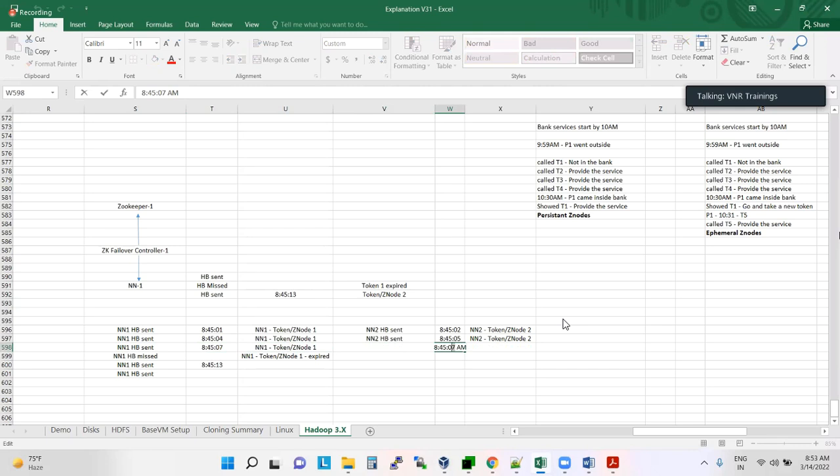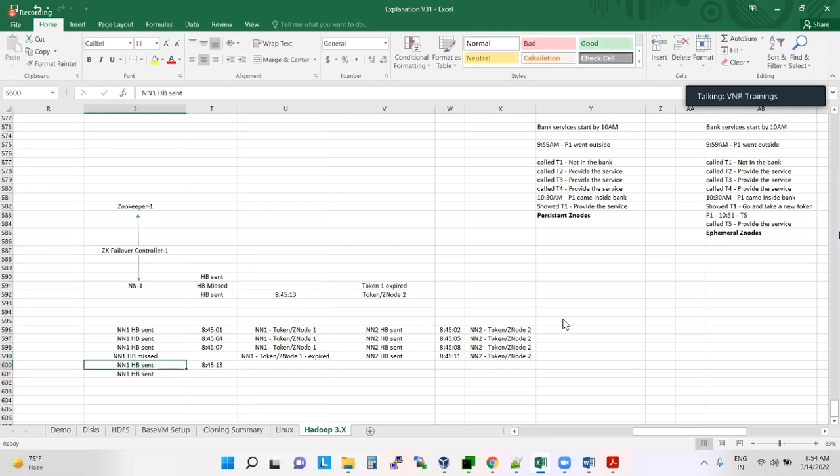This is 8 AM, the same token number. Now NN1 heartbeat is missed, sir. Then what happened? Token 1 is expired. But NN2 heartbeat is sent, so this will retain the same token.